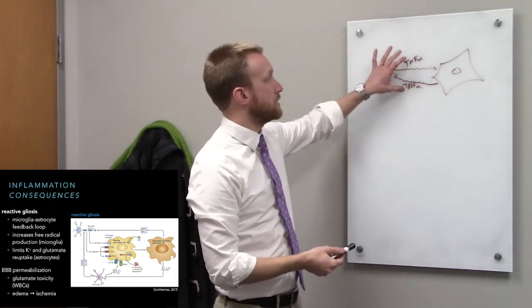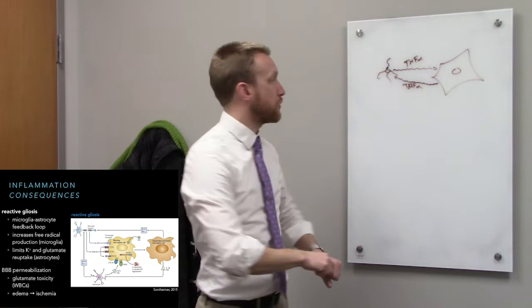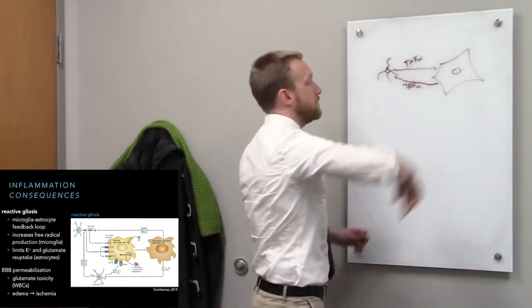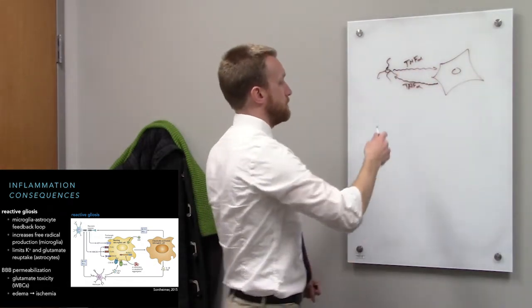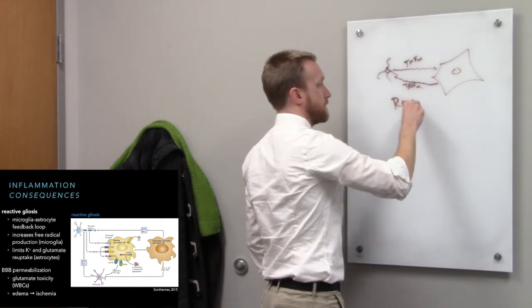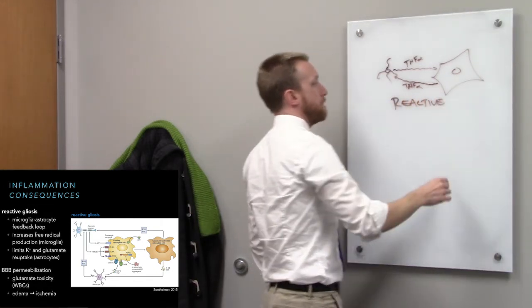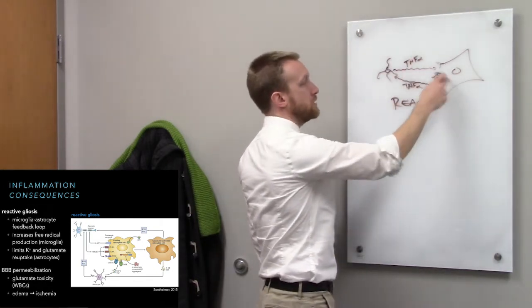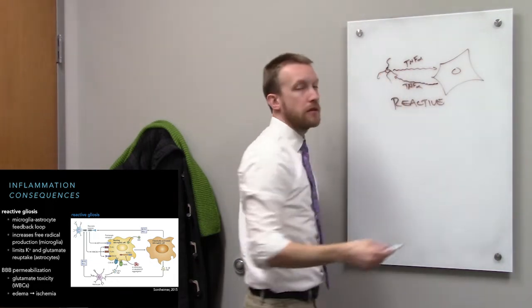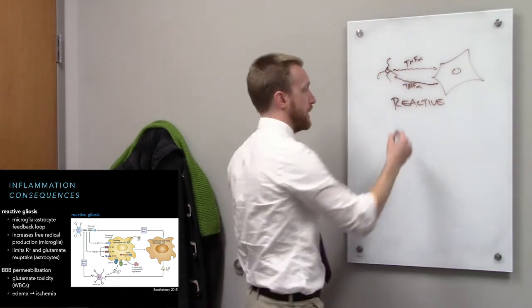So there's more to it than just this, but just to simplify the story a bit, this positive feedback loop here is going to maintain reactive astrocytosis and keep our microglia reactive.